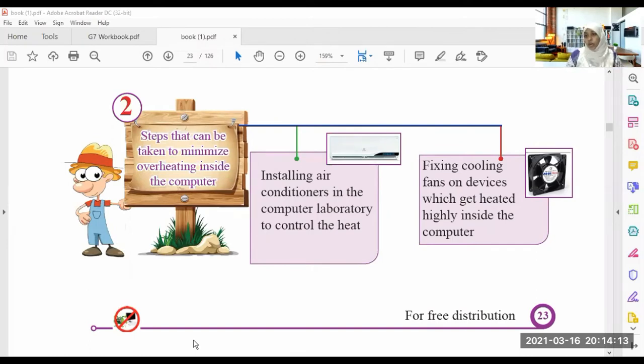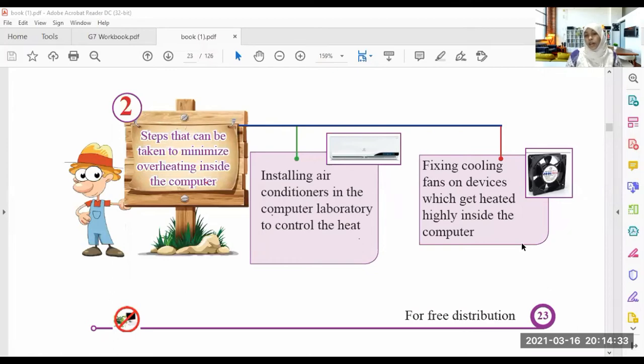But it won't work out, because everybody knows that by opening the door of the computer laboratory, dust can come inside the computer lab, so it damages the computer devices inside the computer laboratory, right?